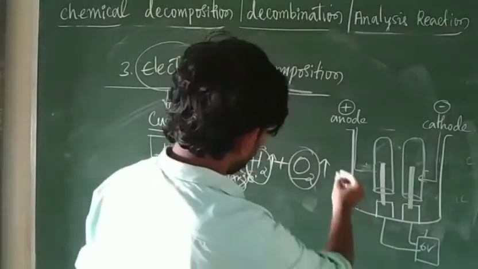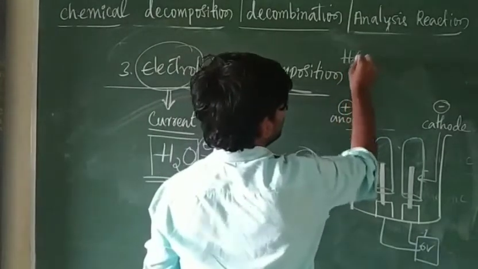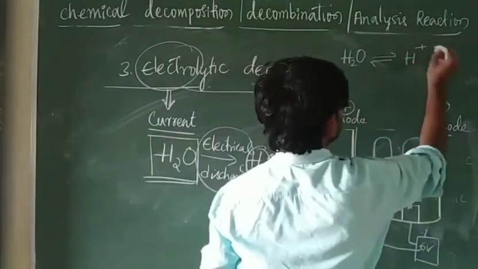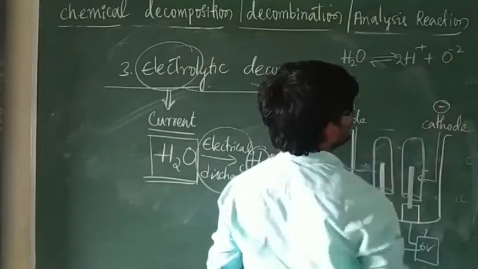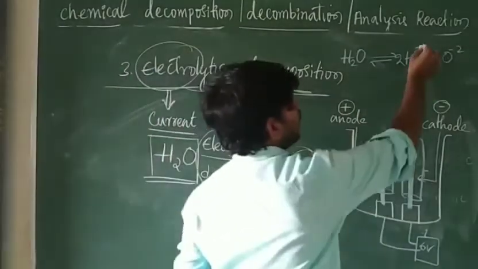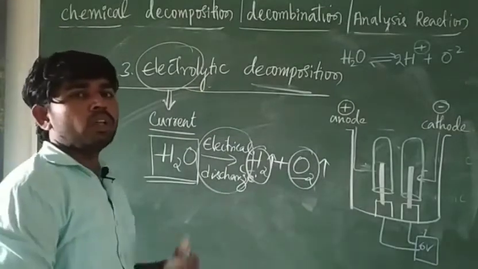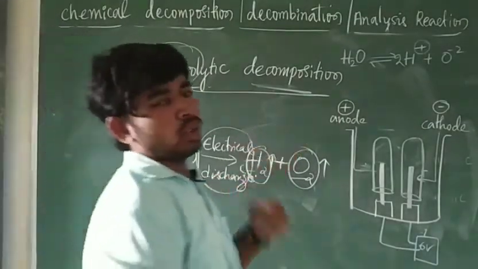Okay, here remember water undergoes a dissociation reaction. It forms 2H plus and O minus 2 ions. You know, in a magnet, the south pole is attracted by the north pole, and similarly the north pole is attracted by the south pole.